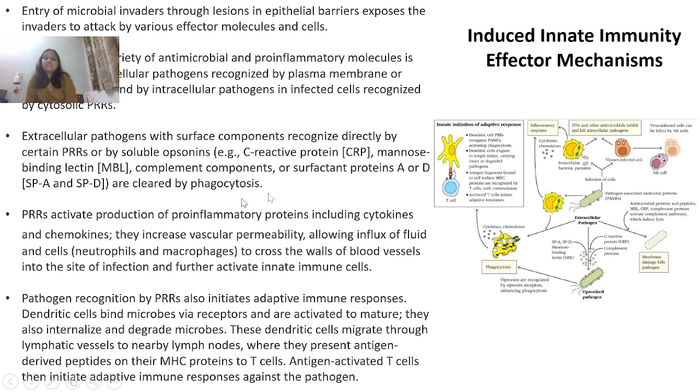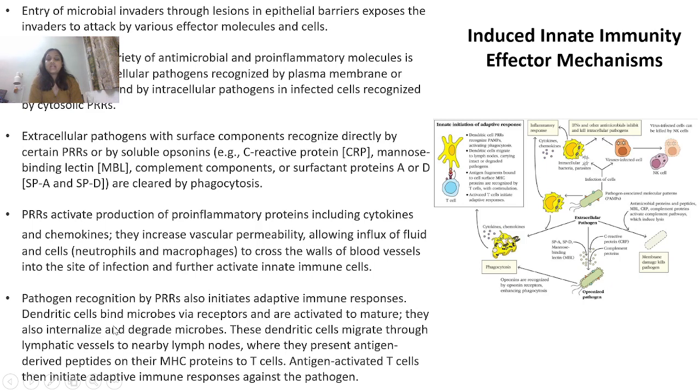PRRs also activate the production of pro-inflammatory cytokines and chemokines, and increase vascular permeability, allowing influx of fluids and cells like neutrophils or macrophages to cross the blood vessels into the site of infection and further activate the innate immune cells. Pathogen recognition by PRRs also initiates adaptive immune responses.